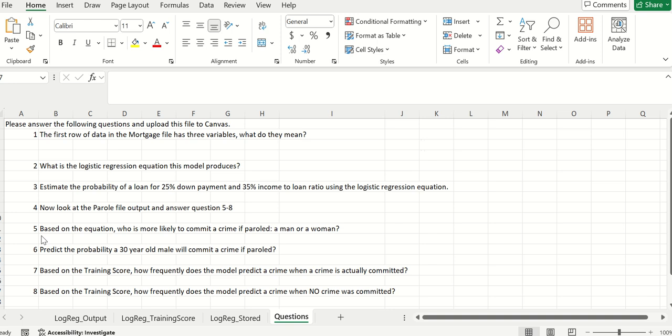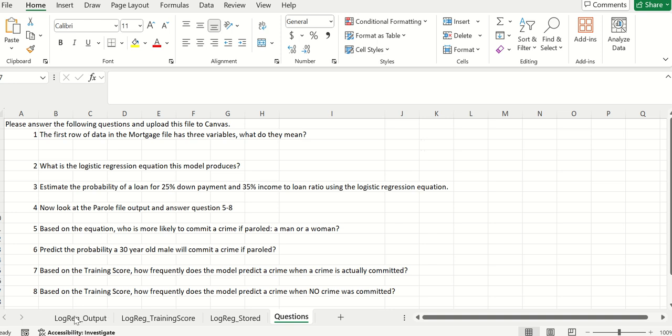I recommend opening up the parole file. In the parole file, you will be able to see the data that's associated with it. One thing that you'll notice is that there is a dummy variable there for man. Man is listed as a 1 and female is listed as a 0.